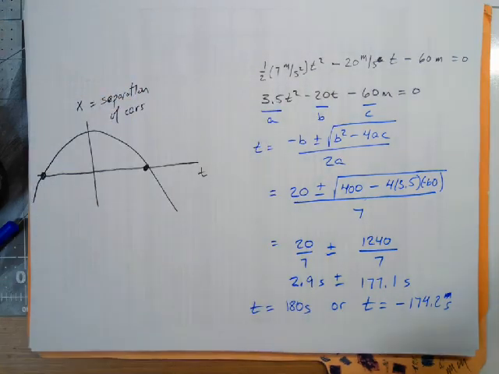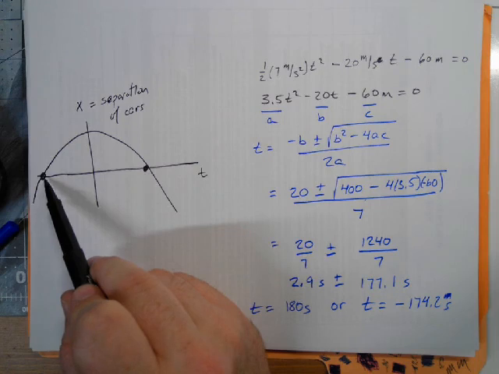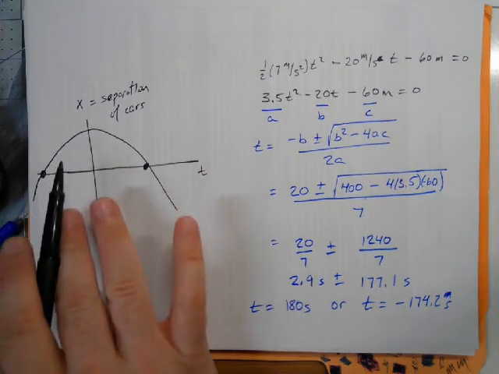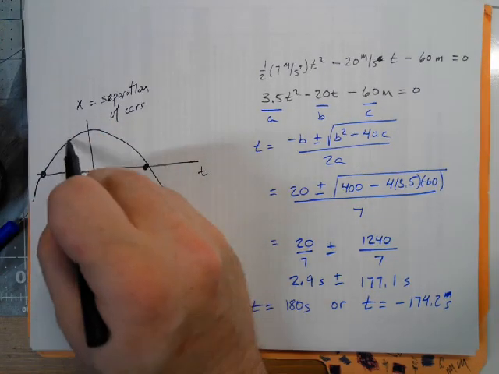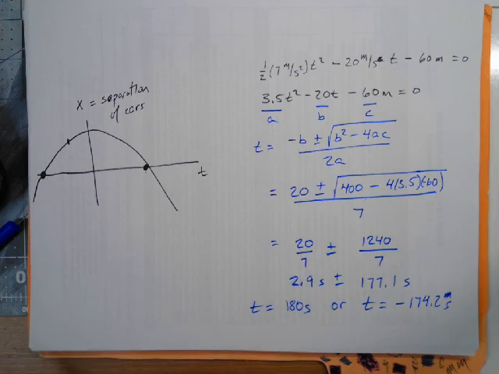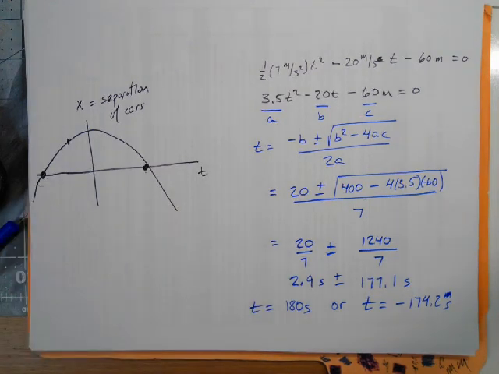How far apart are the cars? Well, when you pass the cop the first time, then the cop starts its motion. You should really be somewhere on this where you're 60 meters away, say here, and then you go up to your maximum value, and then the cop starts gaining on you, and you go to 0. So this time over here is a phony one. It's a mathematical solution, but it doesn't match the physics. You have to consider what's going on in the physics.